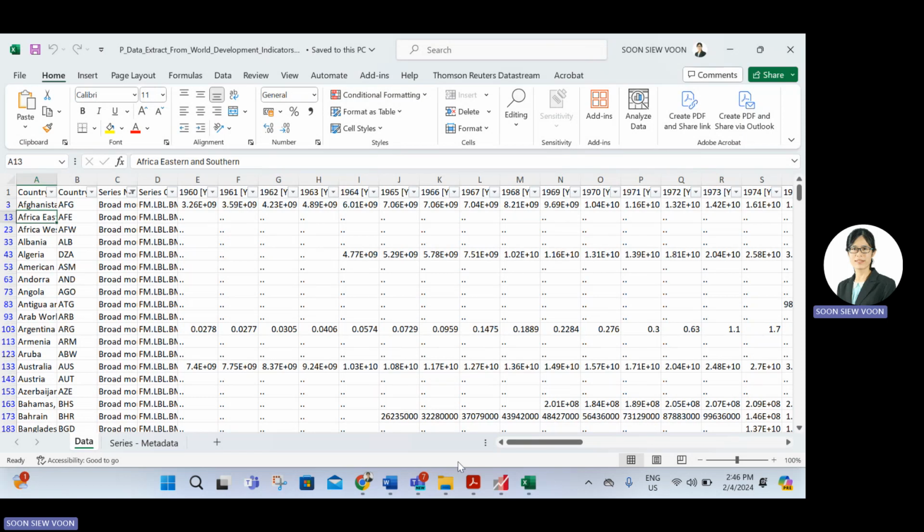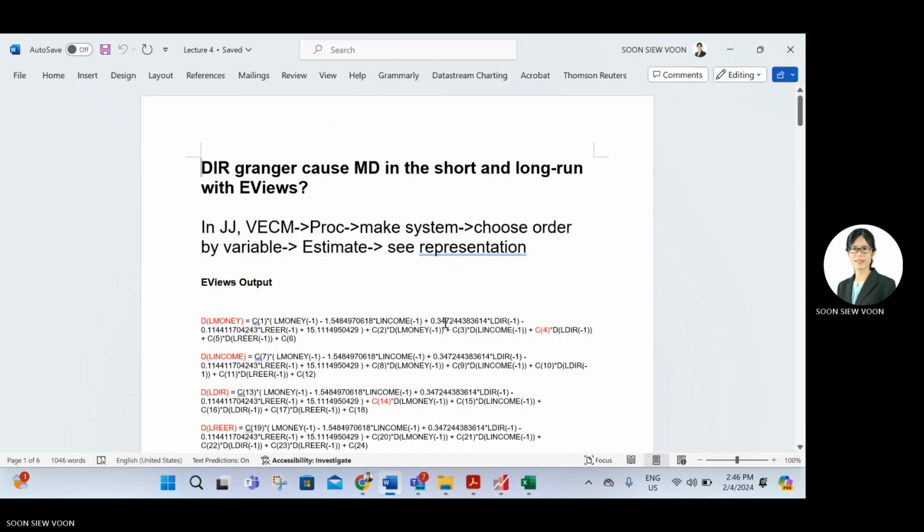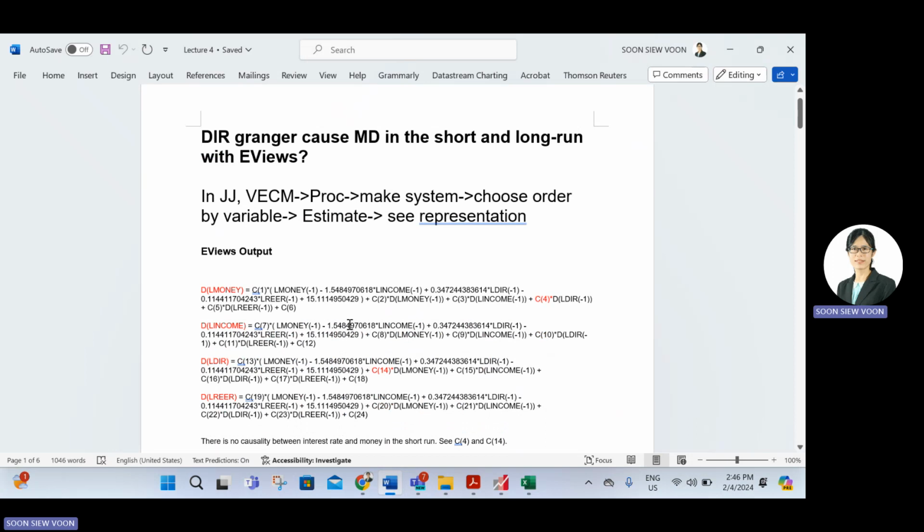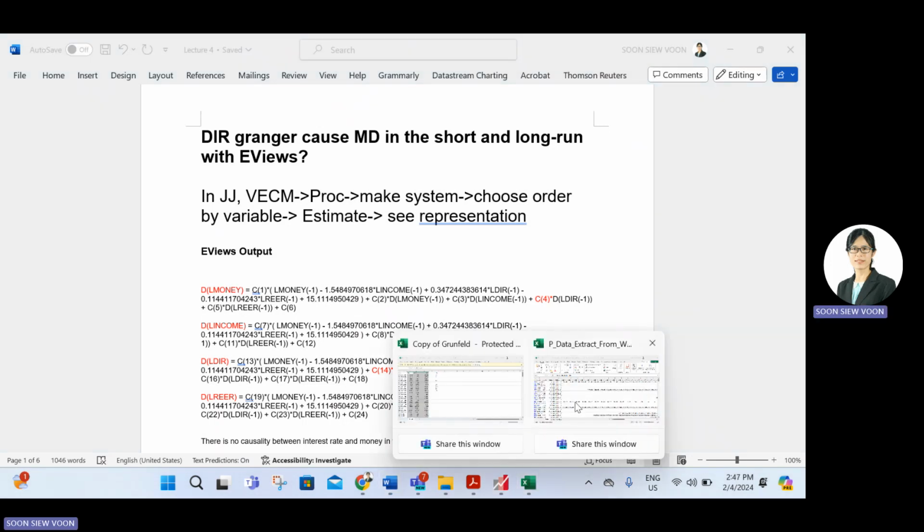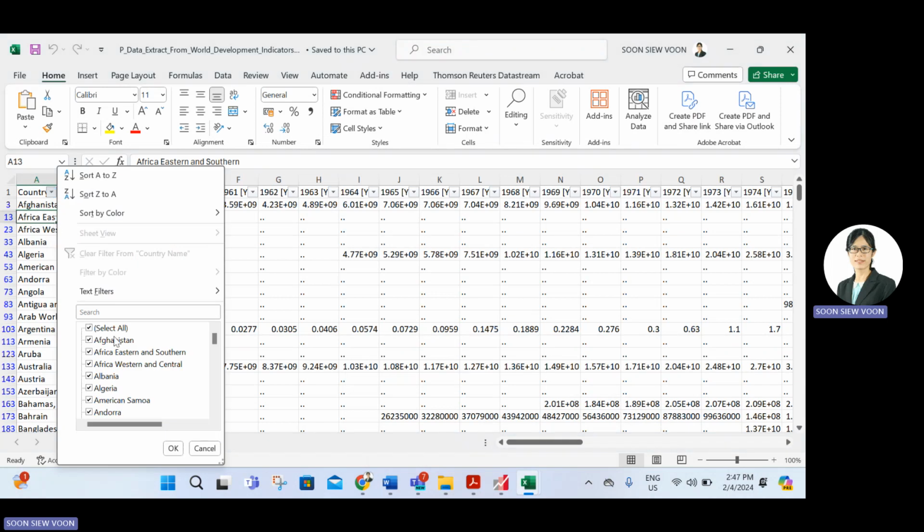This is the file we applied in class in the past few weeks. In my model I am going to have income, interest rate, and exchange rate. So in my Excel, I would like to look for the Malaysia case. Select Malaysia, then click OK.